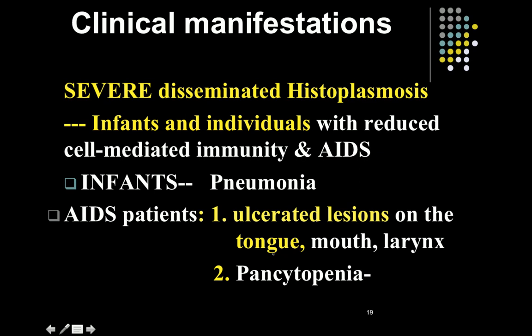Mostly your SEQ is based on this part: there's a patient with AIDS who presents with an ulcerative lesion of the tongue, and when this ulcerative lesion is scraped, on microscopic examination you're going to see intracellular yeast cells, and at the same time there could be pancytopenia.